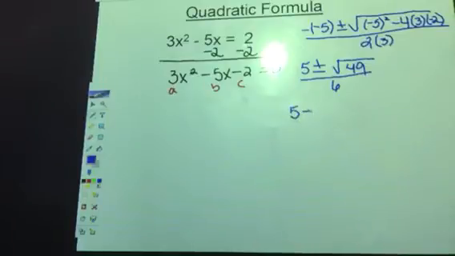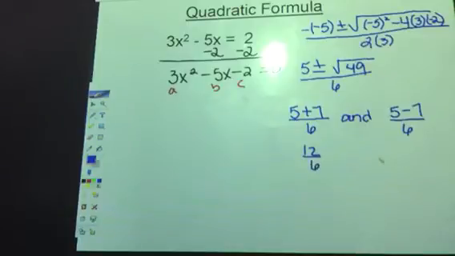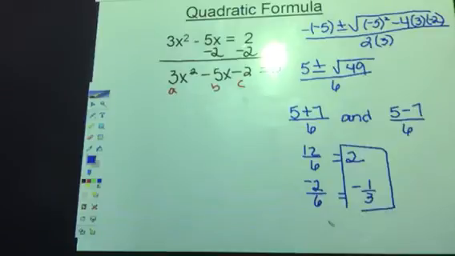So this is 5 plus 7 divided by 6, and 5 minus 7 divided by 6. So this is 12 divided by 6, which equals 2. And then we have negative 2 divided by 6, which is negative 1/3. These are our solutions. These are where it will cross the x-axis.